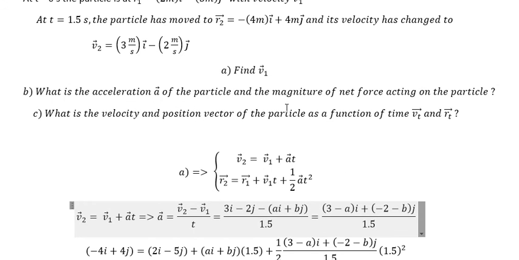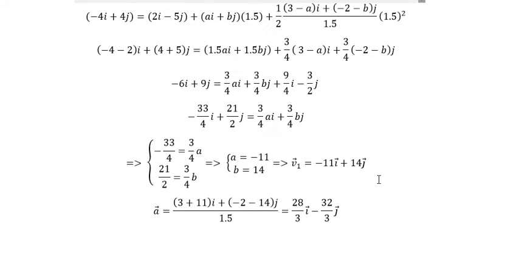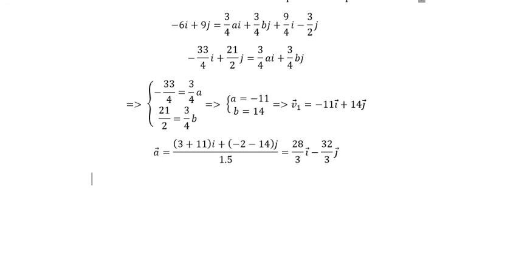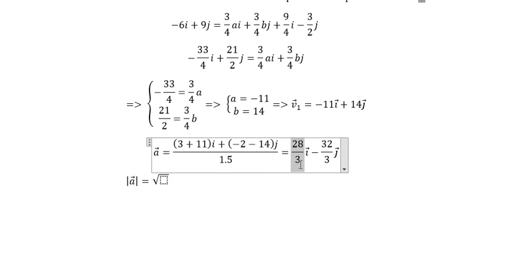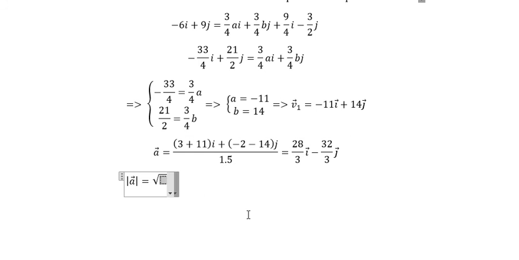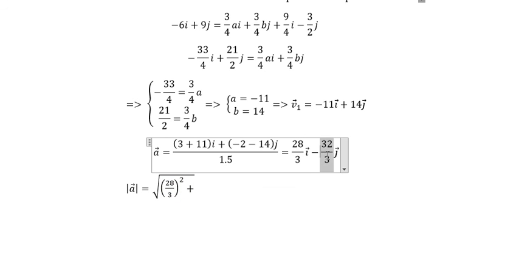Now we need to find the magnitude. So to find the magnitude, we put inside the absolute value of acceleration, so you get the square root of this number squared plus this number squared.